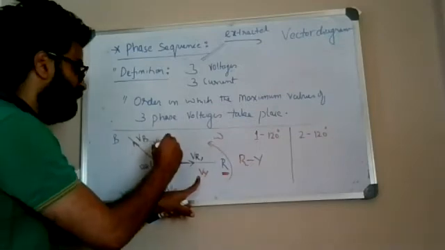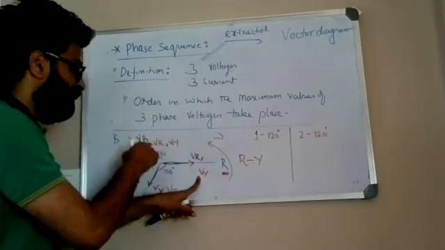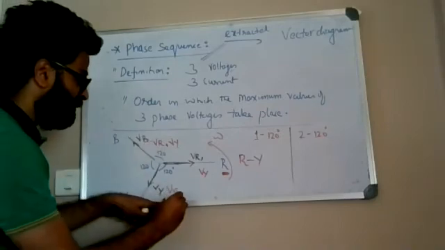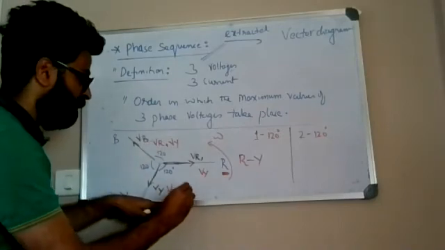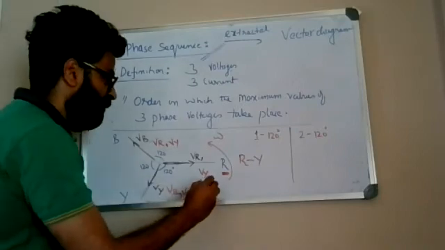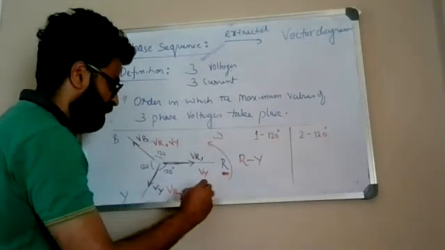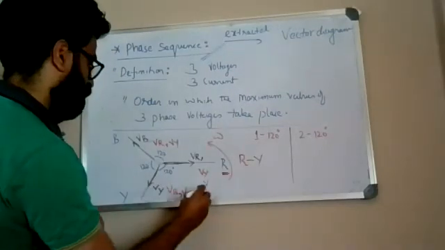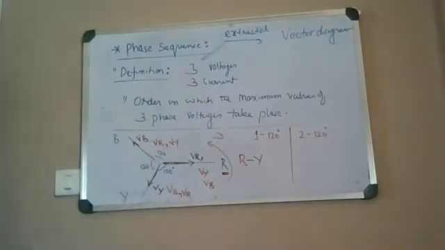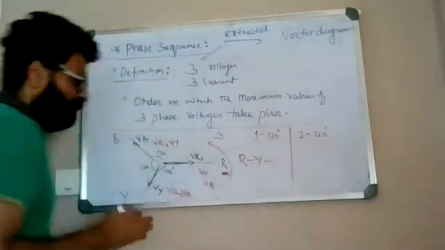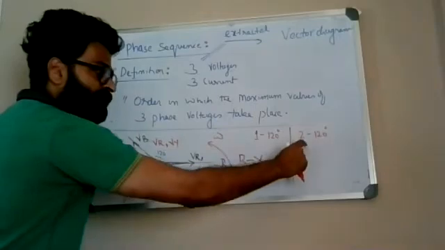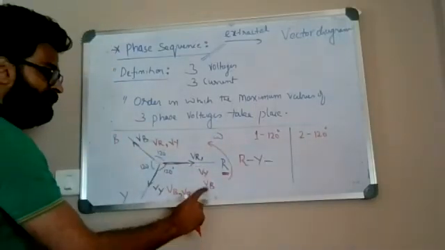So this Vy will come and sit in place of Vr, and this Vr will come and replace Vb, and Vy gets replaced with basically Vb. Okay. So the vector which is getting aligned with r axis when you give second 120-degree rotation is Vb.